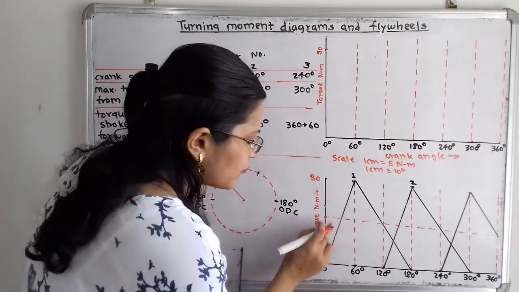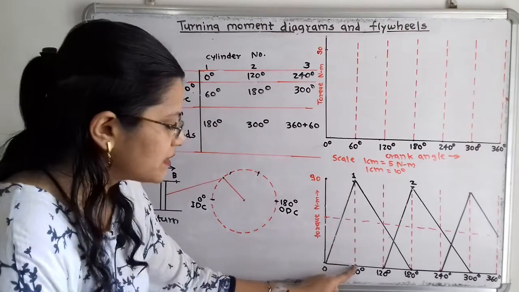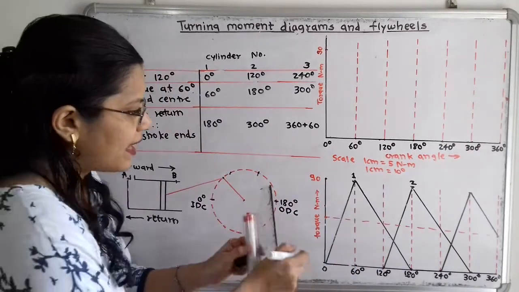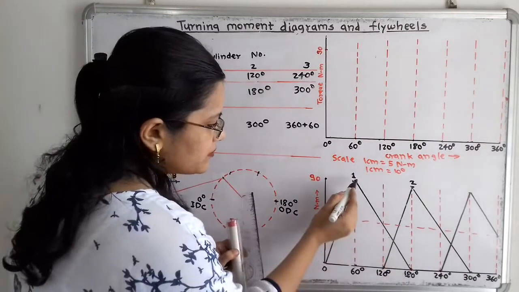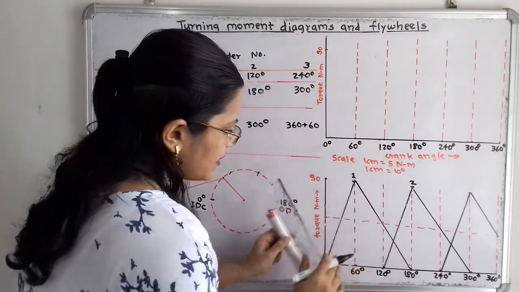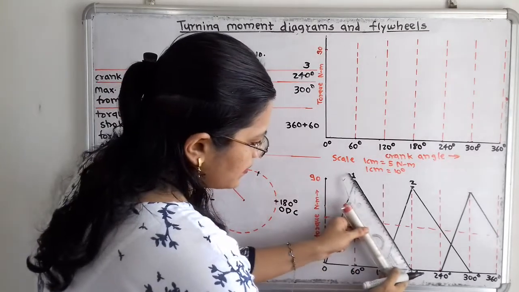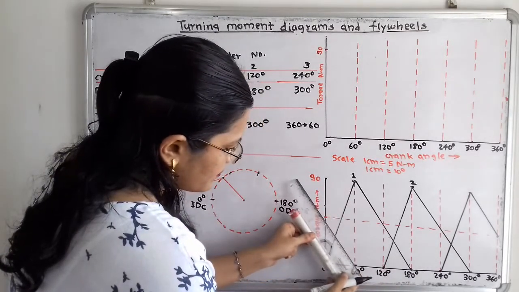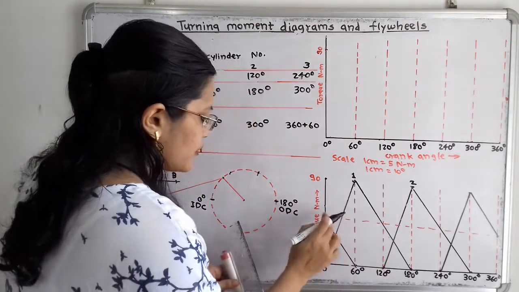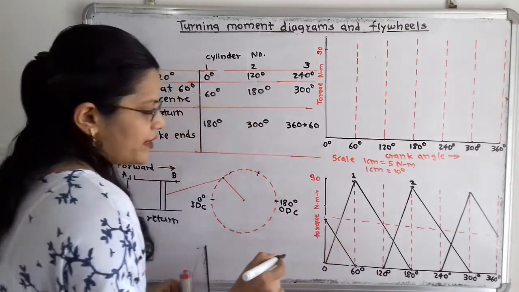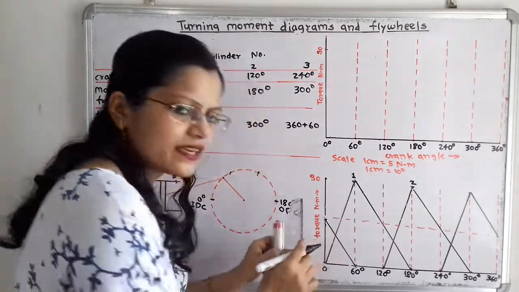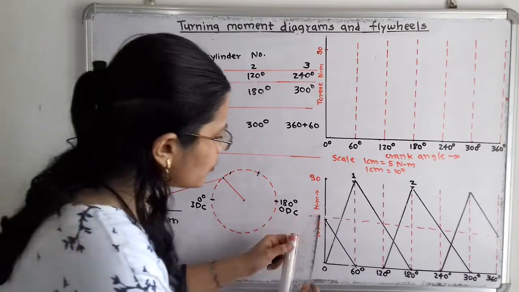For the remaining, we have to join here, because 60 degree is the end point. Again I have to take a line parallel to this, so for cylinders 1 and 2, for this line I will take the parallel line. Here is the point. Now we will measure this vertical distance from 0 to this point.